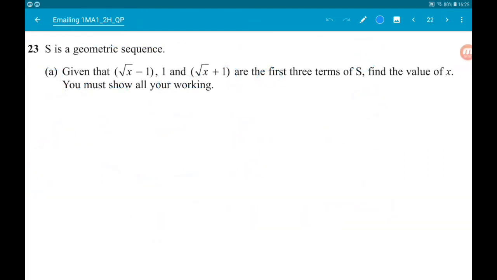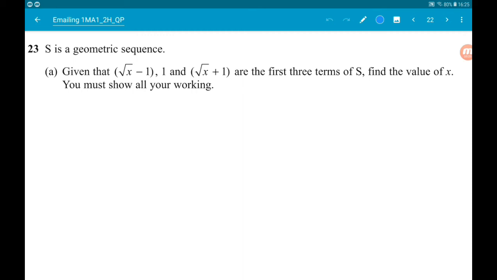Okay then, number 23. So the final question, and really it belongs on an A-level paper, but there we go. So, well done to anyone that's still here. Probably as tired of this paper as I am. So, S is a geometric sequence. Geometric sequences are when you multiply by the same amount to get from term to term.